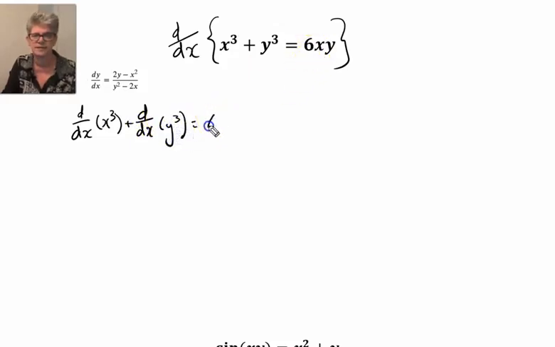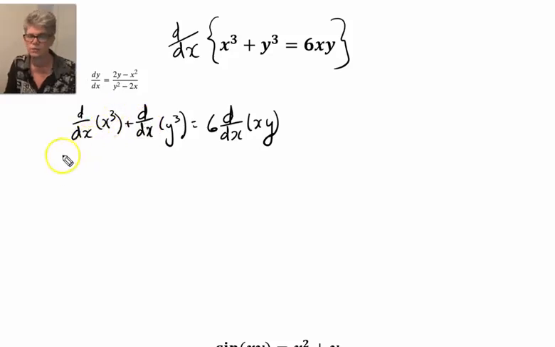And I can take that 6 out. Okay, so the derivative of x cubed with respect to x is just 3x squared. The derivative of y cubed is 3y squared, but we're taking it with respect to x. So then I have to multiply by the derivative of y with respect to x, or dy/dx.